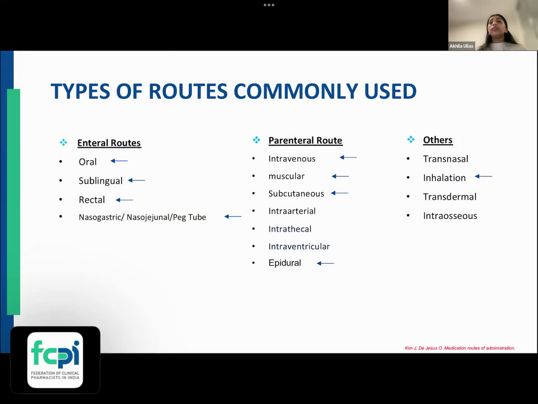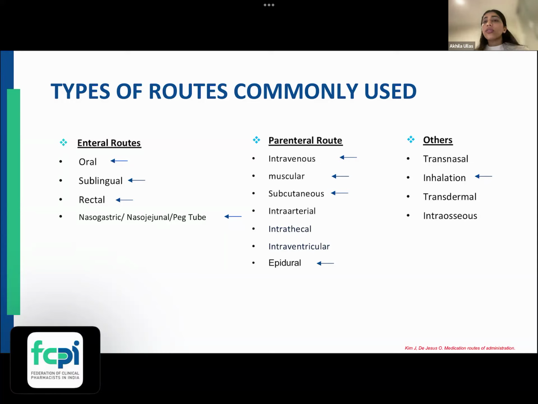These are the types of routes commonly used in ICU. One is the enteral route: oral, sublingual, rectal, nasogastric, and PEG tube. And the parenteral route: IV, intramuscular, subcutaneous, intra-arterial, intrathecal, intraventricular, and epidural. IV, intramuscular, subcutaneous, and epidural are commonly used in ICU.